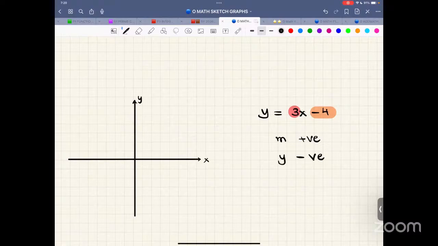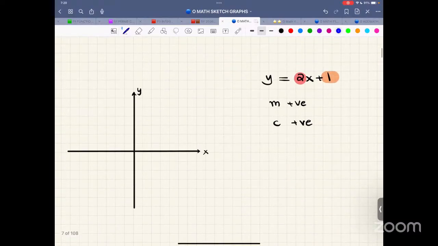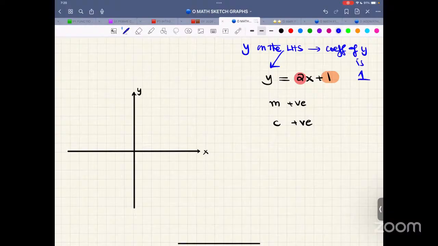Y-intercept is negative, but make sure of one thing, that is y on the left-hand side, and the coefficient of y is 1. Therefore, it's of the form y = mx + c. Very, very basic stuff. So now draw a line with a positive slope and a positive y-intercept, something like this, which makes perfect sense.